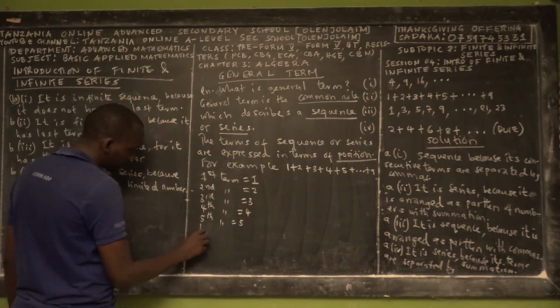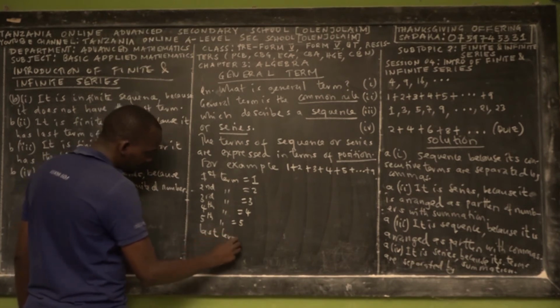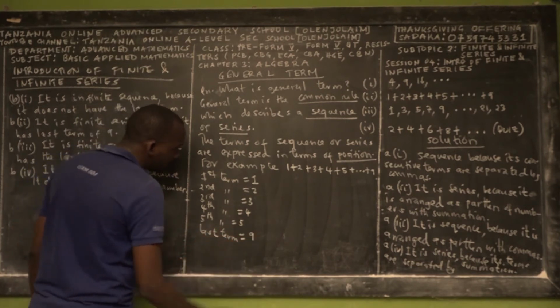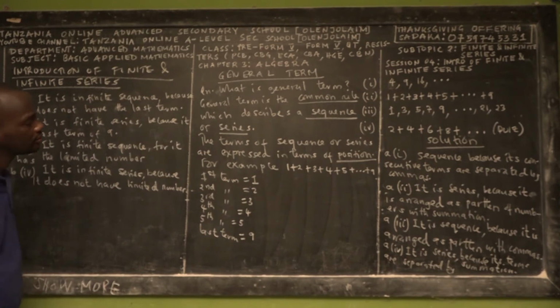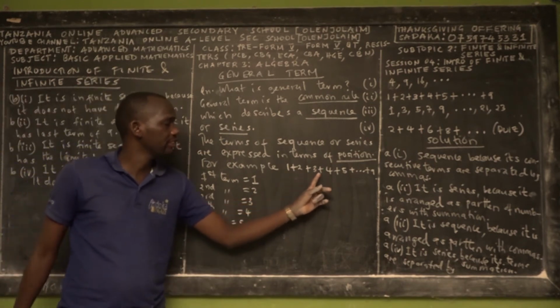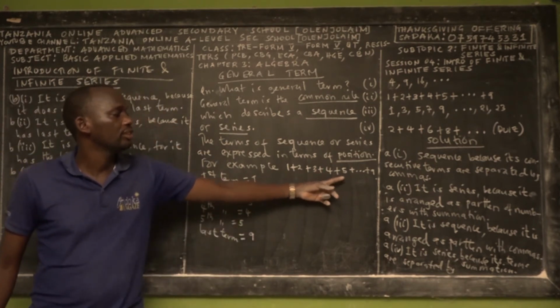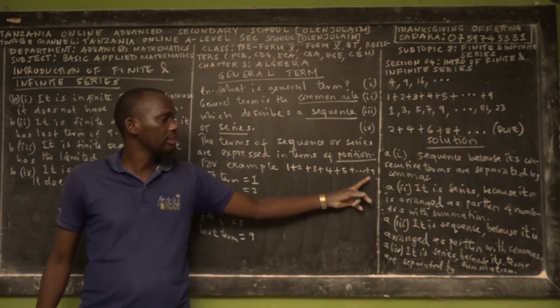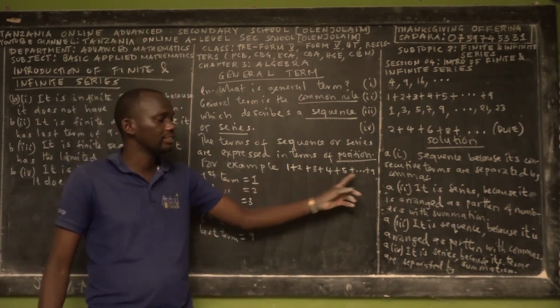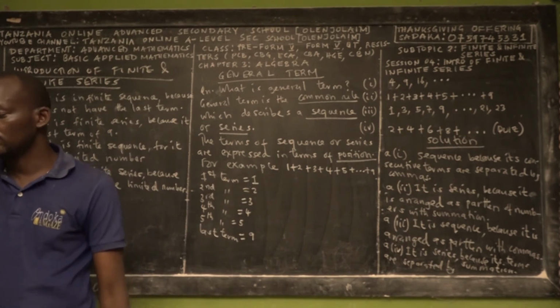Then the last term is equal to 9. So first term, second term, third term, fourth term, fifth term, then sixth, seventh, eighth, ninth term. But this is the last term for the finite series.